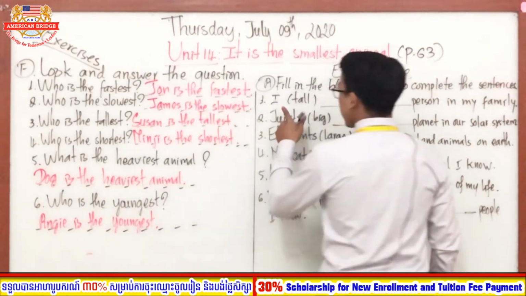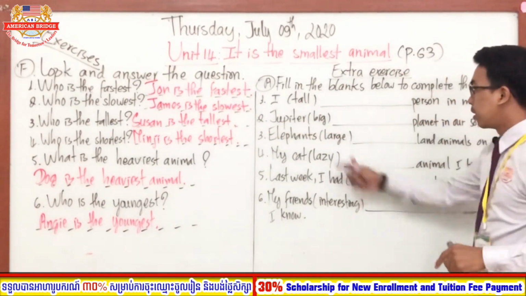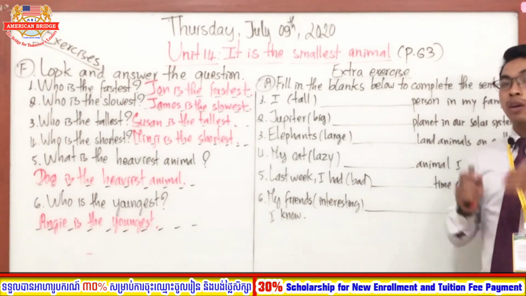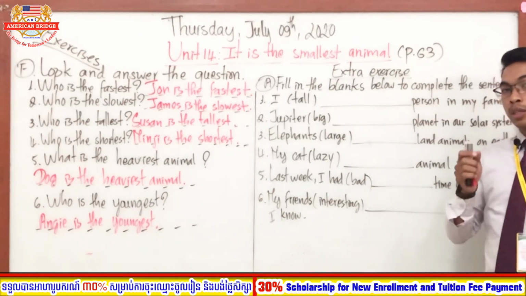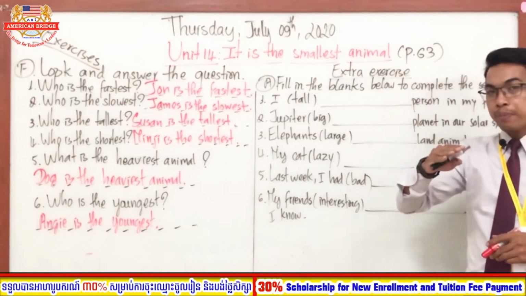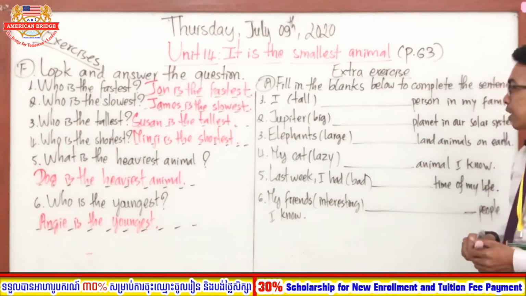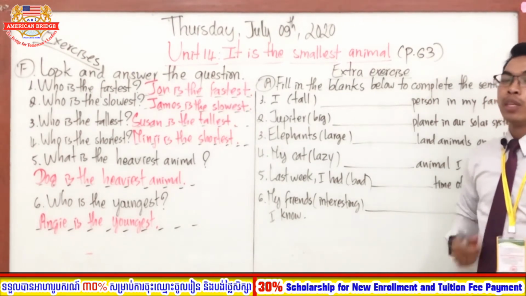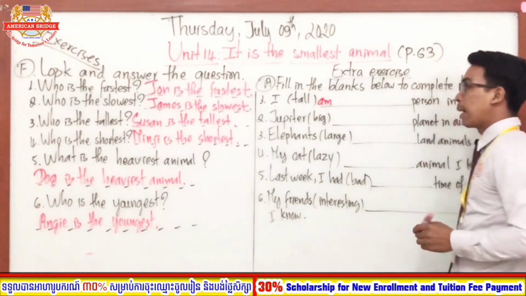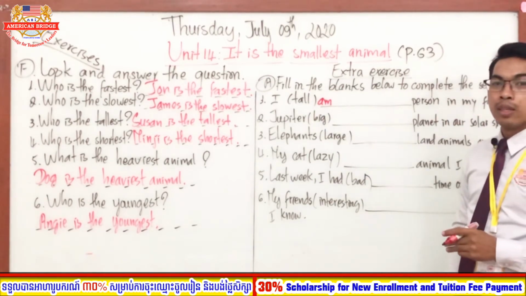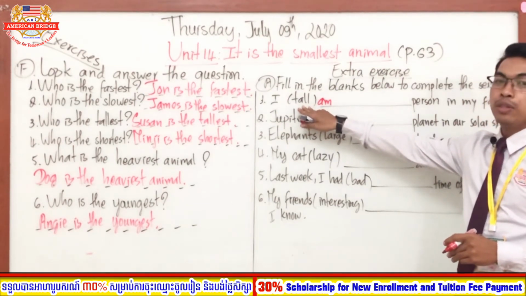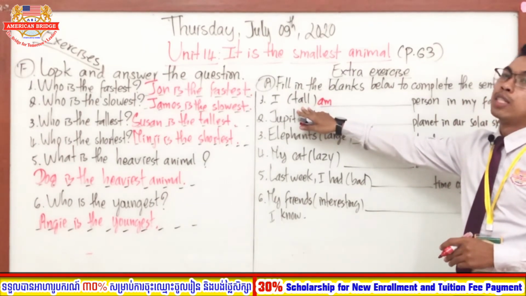Number 1, we have the word tall, person in my family. Based on the form, we have subject I, and after that we use the to be: am. So I am. After that, we have to change the adjective to the superlative adjective.